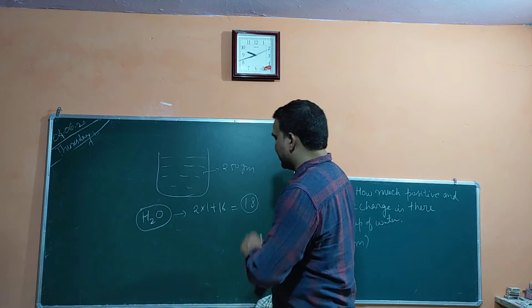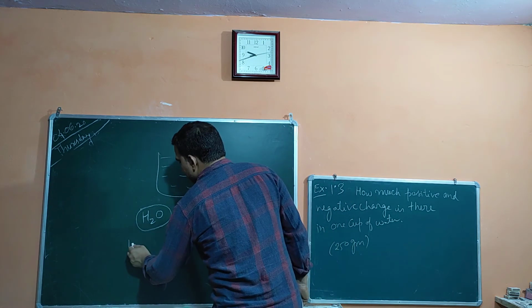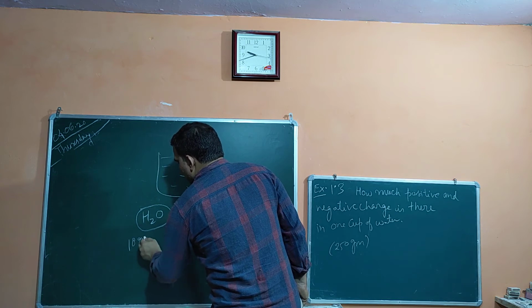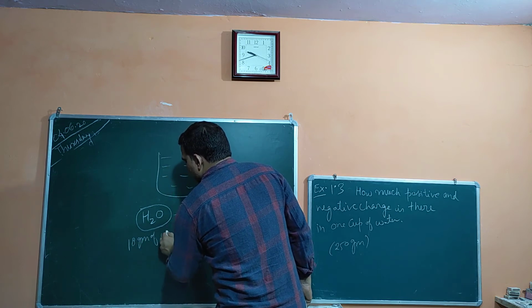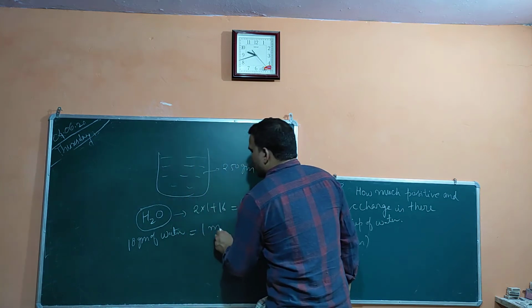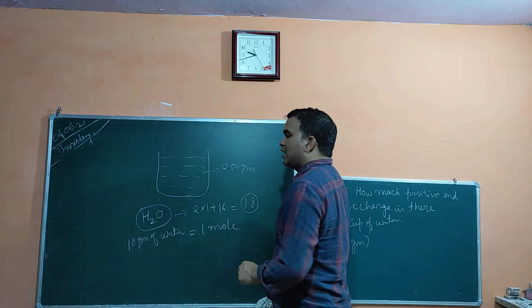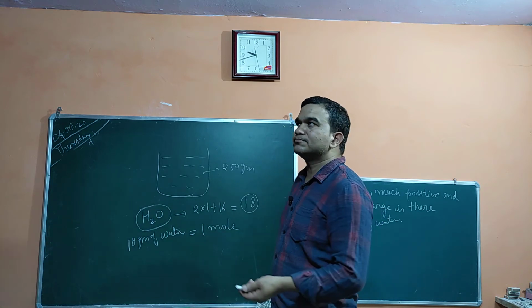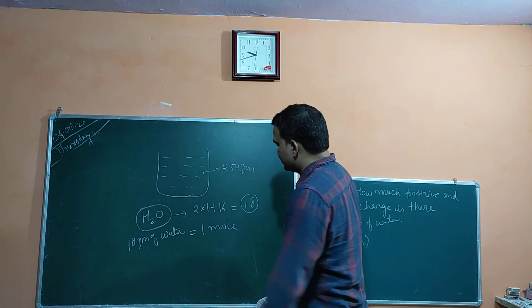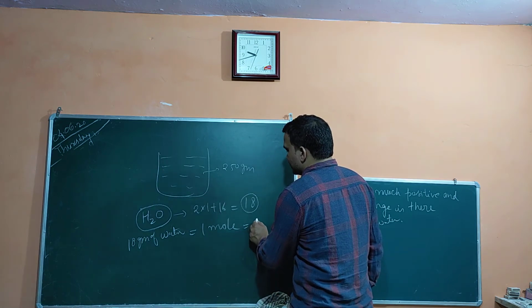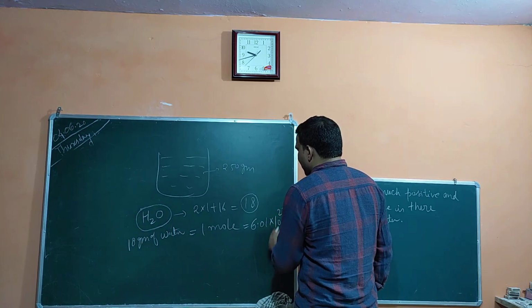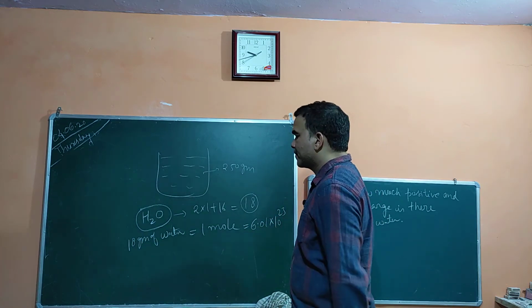It would be 18 gram. And 1 mole has how many molecules of water? It is 6.01 into 10 to the power 23, Avogadro's number.